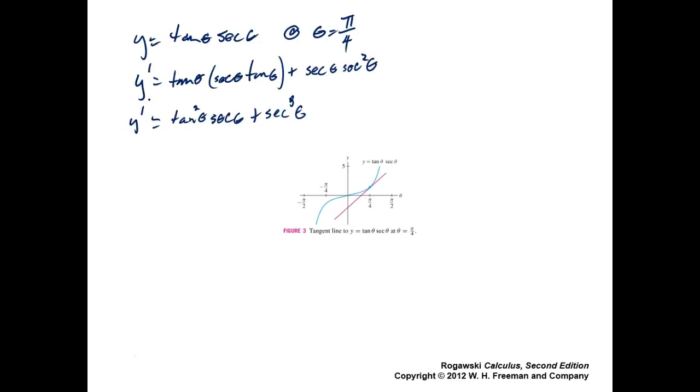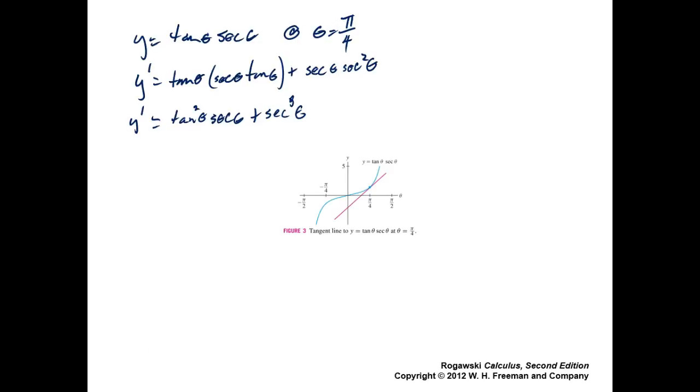That's one thing we need to get a tangent line. What else do we need? What does a tangent line tell you? Slope, yeah, exactly. The slope of the curve, and all we need is a point.